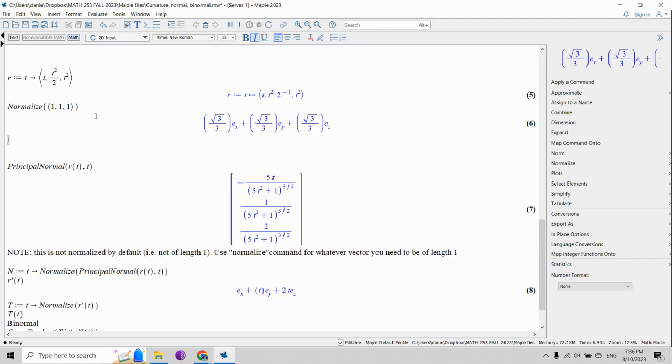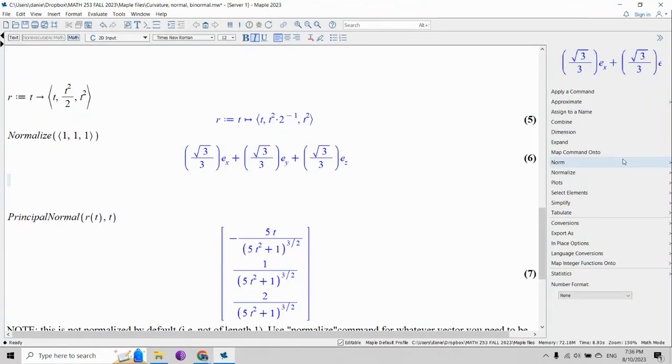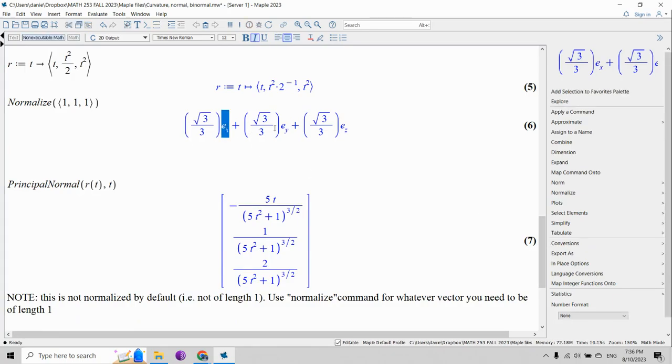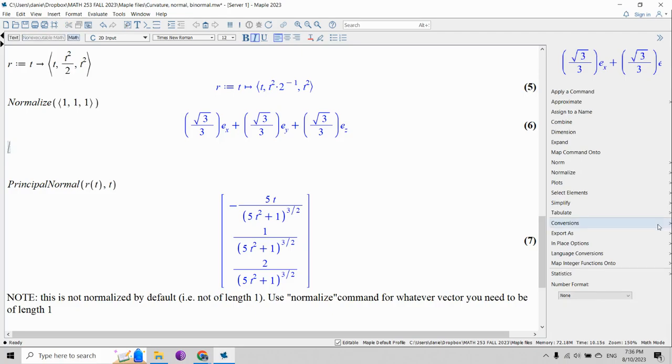It's written as root 3 over 3, but it's the same thing. Notice that Maple indicates the standard unit vectors i, j, k with e_x, e_y, e_z. That's just another notation in Maple. So it gives you the answer as a combination of i, j, k, but these are the components.